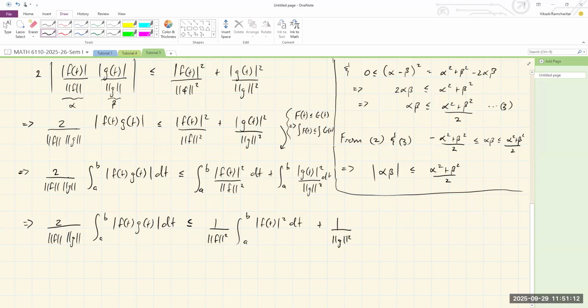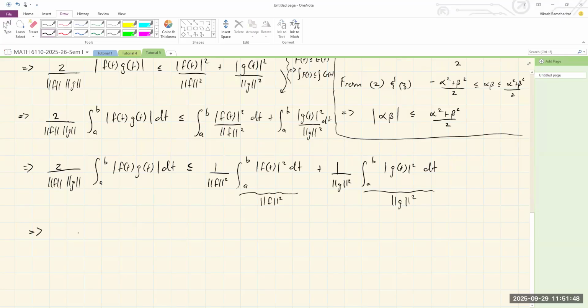So I could pull out the norm of g squared from the integral, right? Those are just fixed numbers, and you could pull constants out from the integral. What you then need to observe is that this number here is precisely the norm of f squared, and this one is precisely the norm of g squared. So the norm of f squared will cancel with 1 over norm f squared, and the norm of g squared will cancel with 1 over norm g squared.